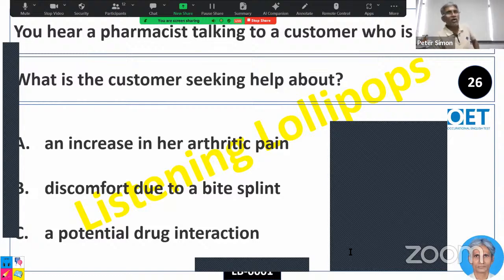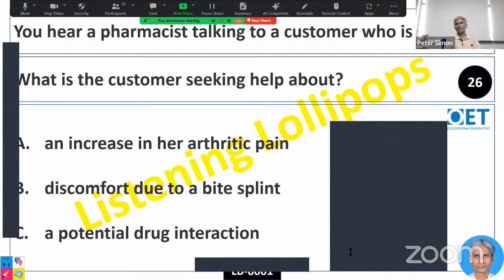Okay. Now what is the customer seeking help about? If you change this sentence, the customer is seeking help about something. What is that something? Is it regarding arthritis? Pain related to arthritis?